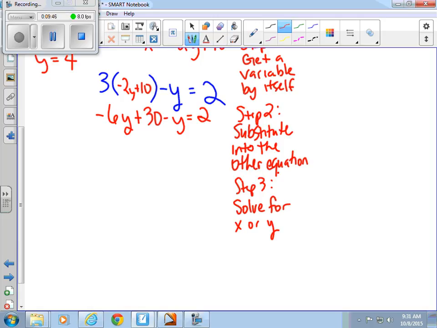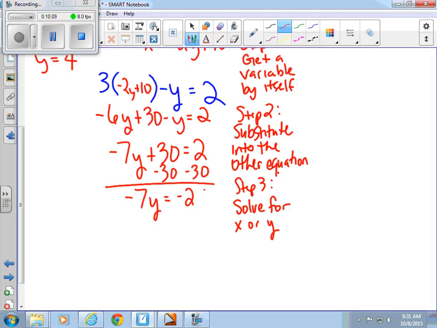Okay, with what I'm doing so far, distributing. Combine like terms. The negative 6y minus the y is negative 7y. Subtract the 30 from both sides. Divide by negative 7.